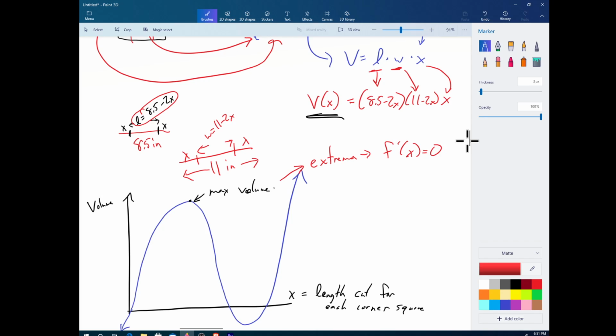So I'm going to take the derivative of my equation, set it equal to 0, and solve for x, so that I know that this x value is going to be the optimum length cut for a max volume.